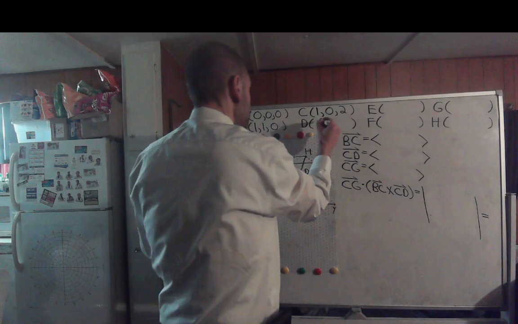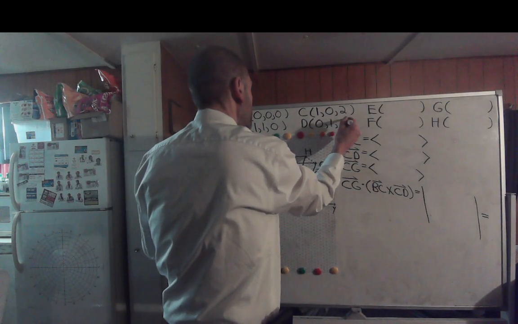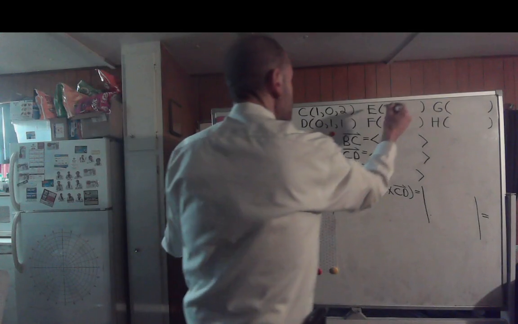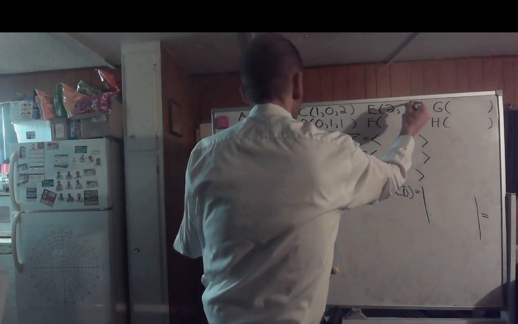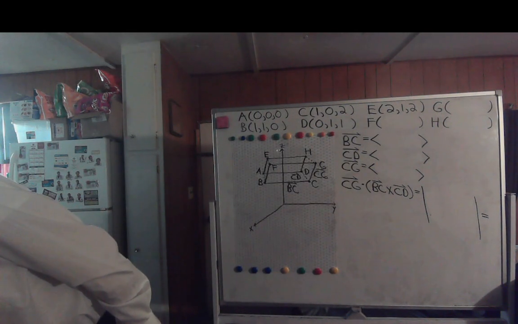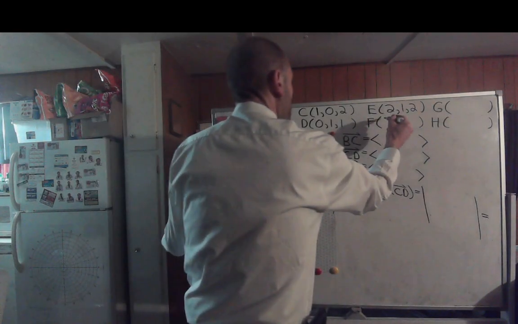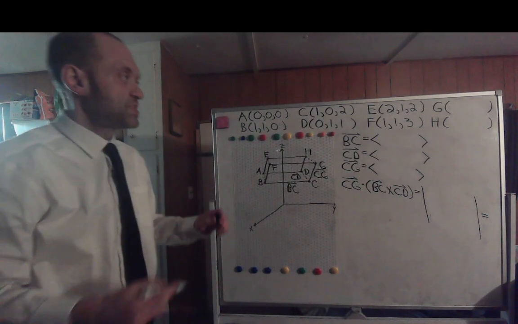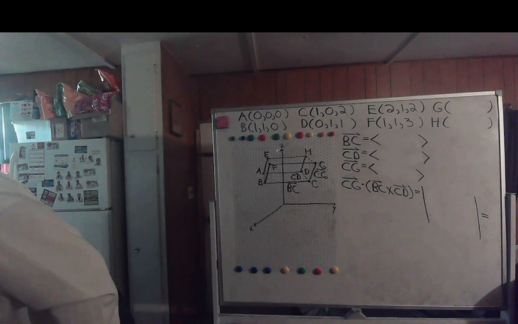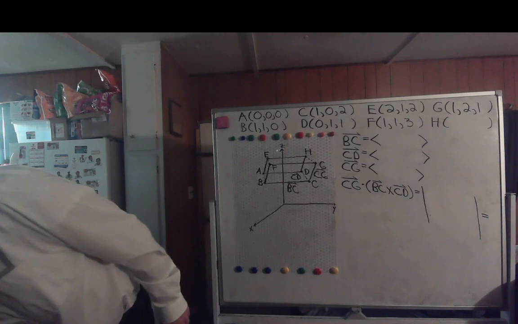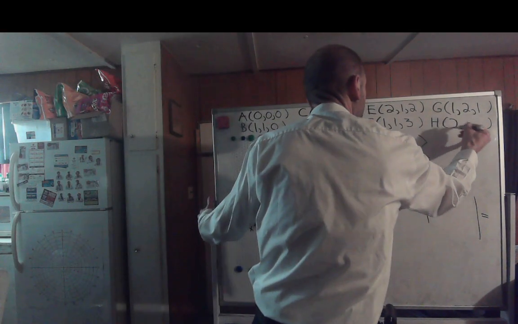D is at 0, 1, 1. E is at 2, 1, 2. F is at 1, 1, 3. We actually may not be able to use the same vectors, but we'll still get there. G is at 1, 2, 1. And then H is at 2, 2, 3.